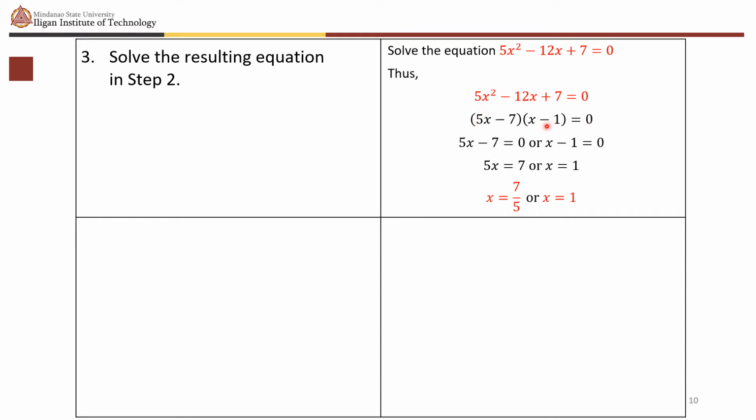Because 5x times x will give us 5x squared, minus 7x and then minus 5x, which will give us minus 12x. And minus 7 times minus 1 is actually our positive 7 here. So these are the correct factors so that you now have 5x minus 7 equal to 0 or x minus 1 equal to 0. From here, you can have 5x equal to 7, or x equal to 1. And dividing both sides by 5, we have x equal to 7 over 5, or this time we have x equal to 1.